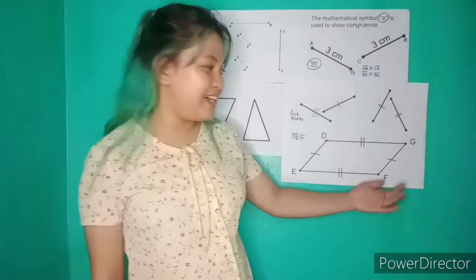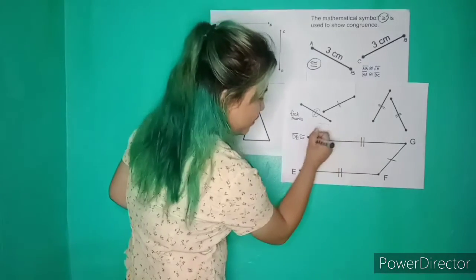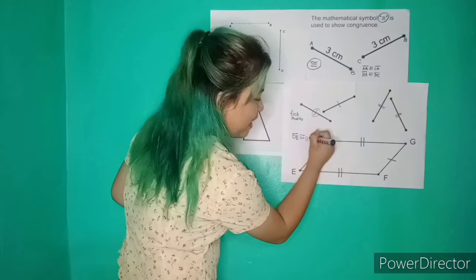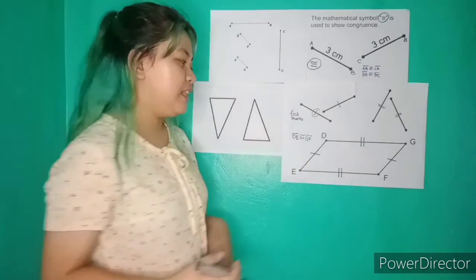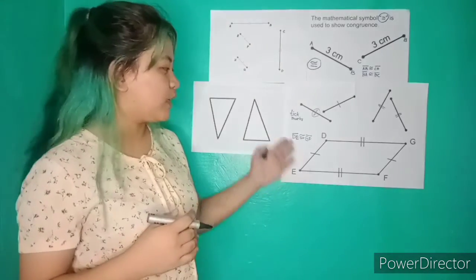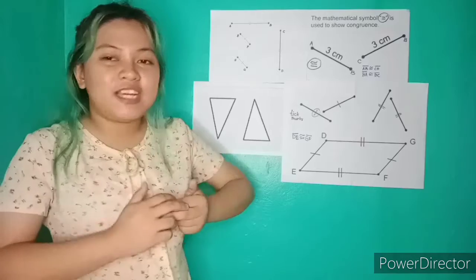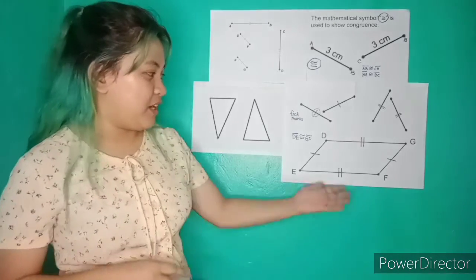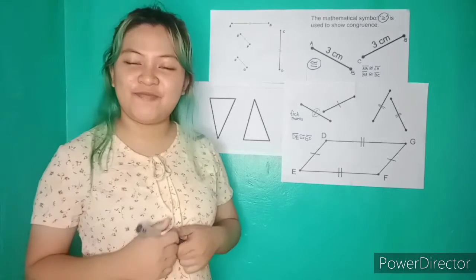So we have here line segment GF, very good. We're gonna put here line segment GF, or it can be line segment FG, or line segment ED. The second line segments that we can see here that are congruent to each other, can you give me?